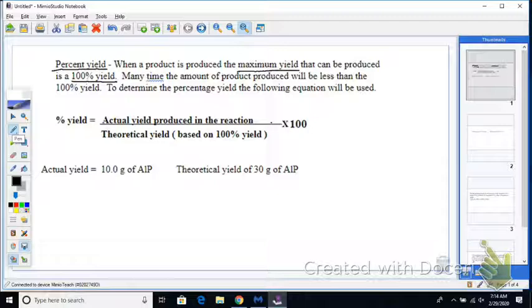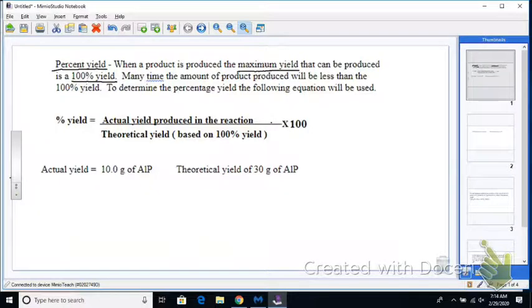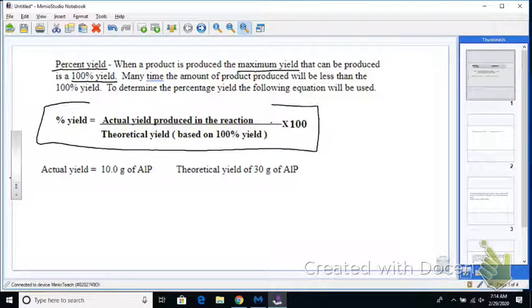So here's the equation that you're going to use on all these problems. You've got three different variables. If you're finding percent yield, it's really easy if you've got the actual and theoretical given to you, like the problem down below.